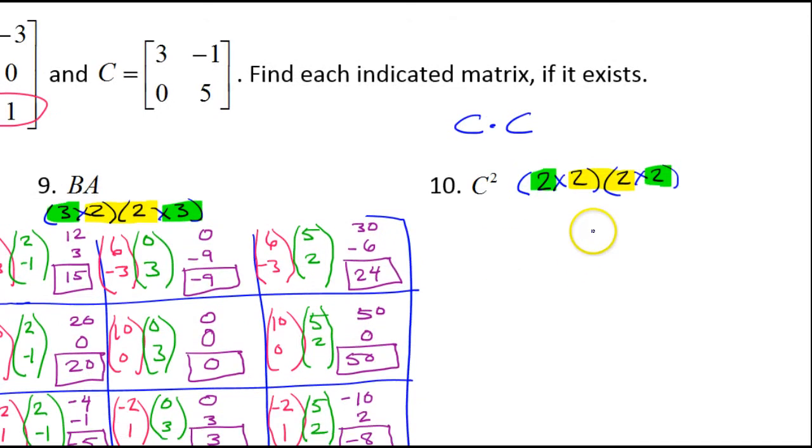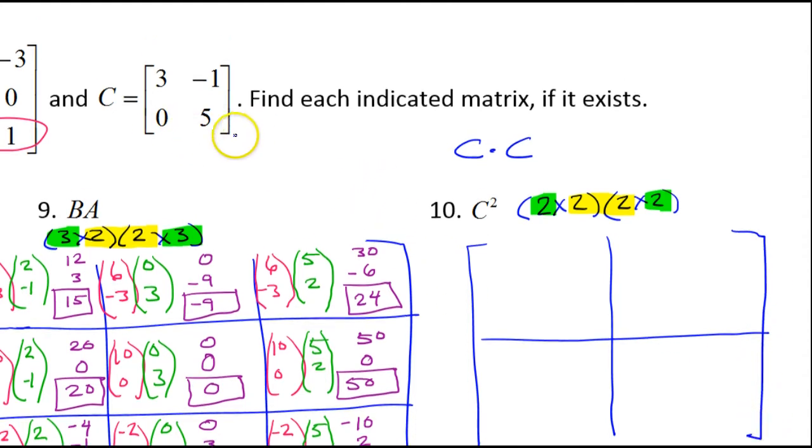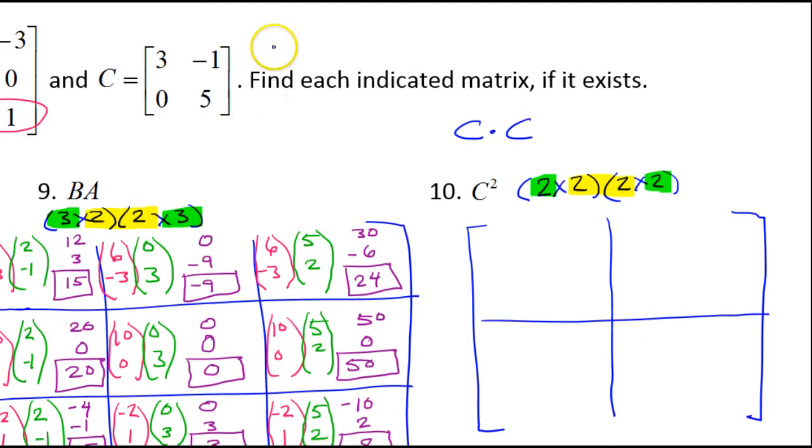That's important because that tells me that to do my work, I'm going to need to set up an empty 2 by 2 matrix. And here it is. Here's my empty 2 by 2 matrix. This should be plenty of room for what needs to happen. Okay, so look, here's matrix C. And just for fun, I think I'll write another matrix C right next to it.